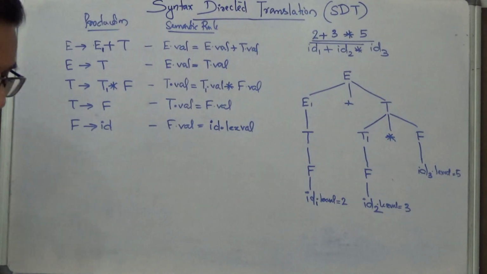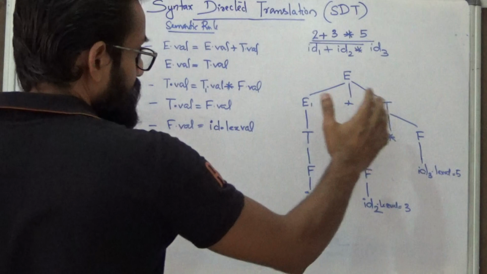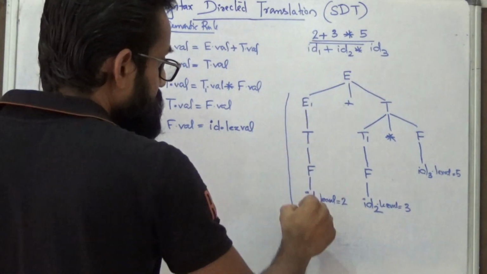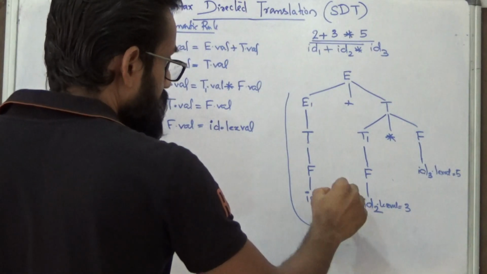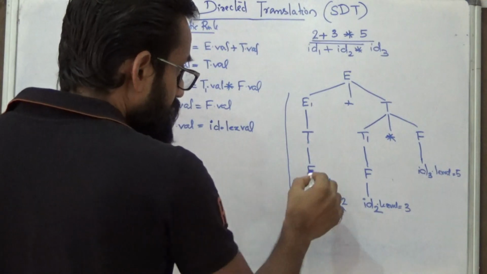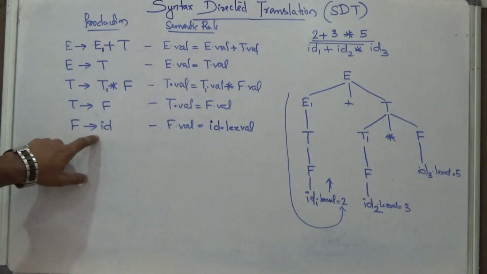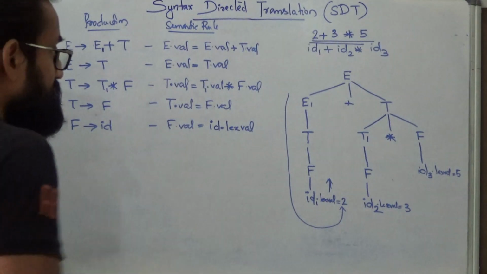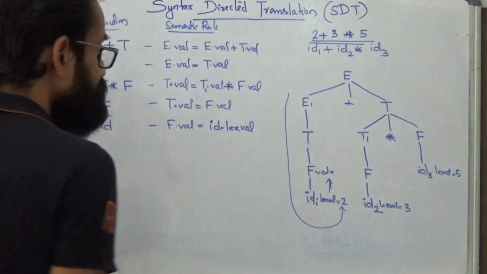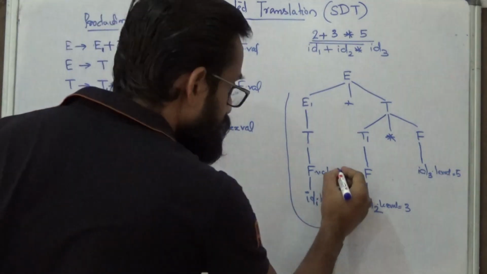In the actual translation process, you have to move across this parse tree from left to right, from top to bottom. So you will be moving like this. When you reach this point, you will identify the production F giving id. For F giving id, the semantic rule is F.val is equal to id.lexval, that is 2.